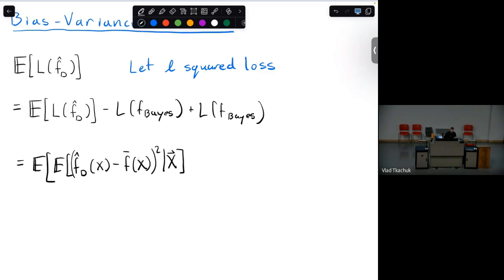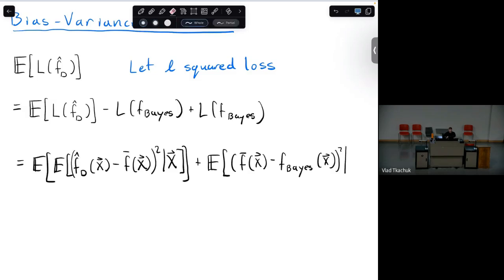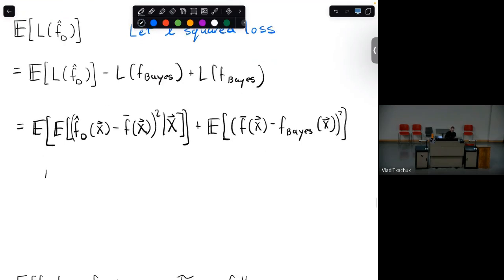That's your variance. Then there's a bias term, and I'll explain what f bar is in a second, which looks like f bar of x minus f Bayes. These are all random variables in x, and this thing's squared. And then there's one more term, which is the original L of f Bayes.